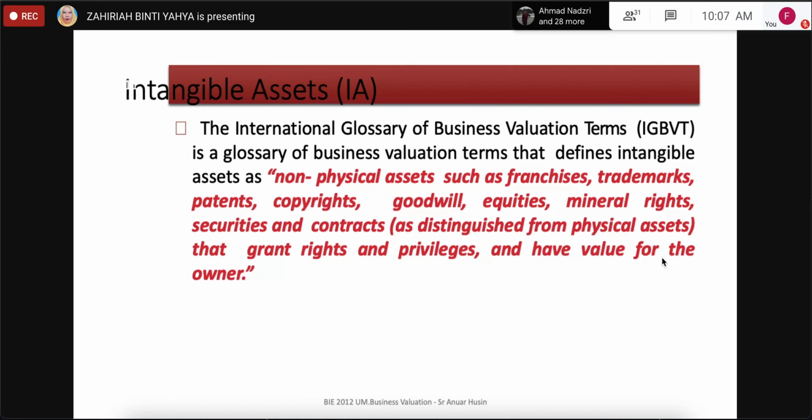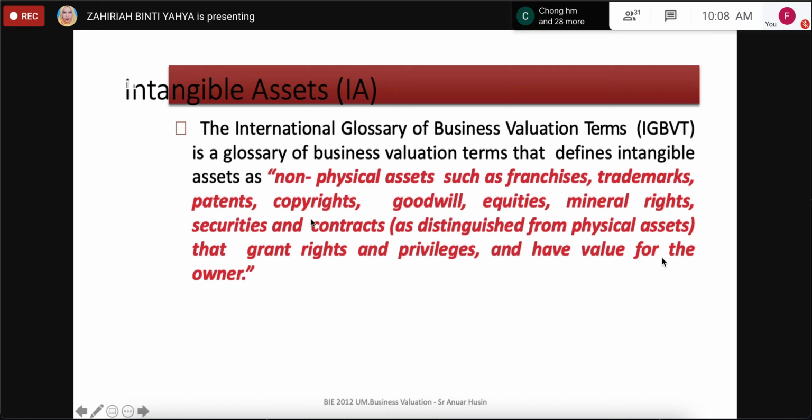So in that case for us yang memegang copyright for the lagu Isabella tadi, kita boleh guna market approach. Kita boleh guna transaksi untuk copyright yang similar. Ya kelas? You faham tak? Ya, kan?